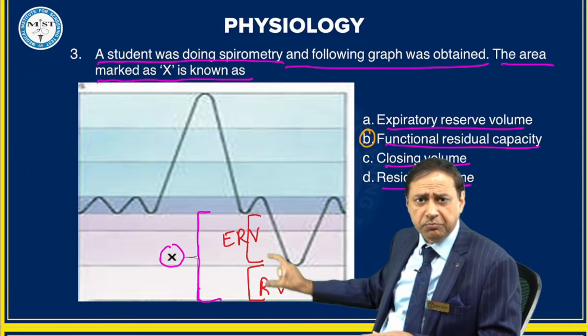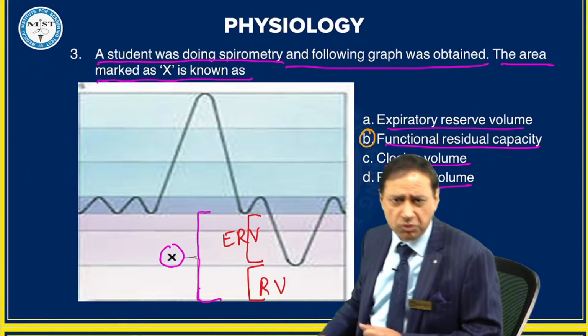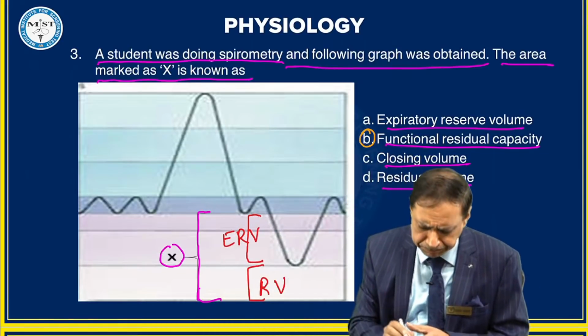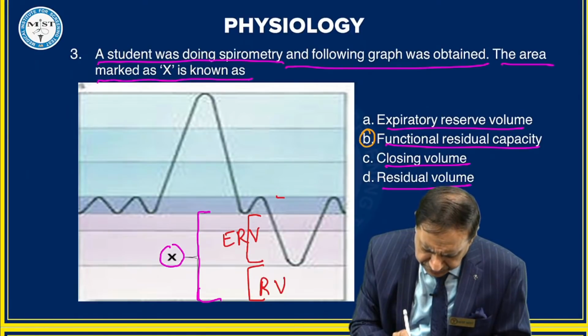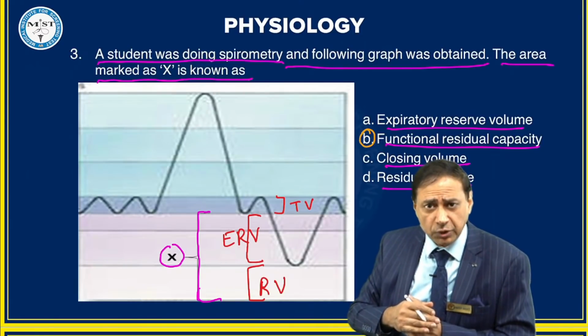Residual volume plus expiratory reserve volume is the functional residual capacity. This thing is tidal volume, normal in and out.